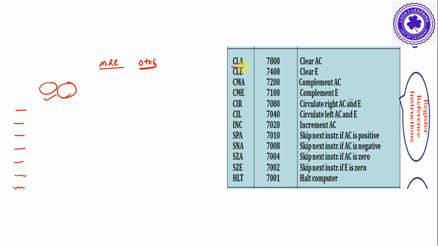Those are called clear accumulator, clear E flip-flop, complement accumulator, complement E flip-flop, circular right accumulator and E, circular left accumulator and E, increment accumulator, skip next instruction if accumulator is positive, skip next instruction if accumulator is negative, skip next instruction if accumulator is 0, skip next instruction if E flip-flop is 0, or halt the computer. It means we have 7 memory reference instructions and 12 register reference instructions.